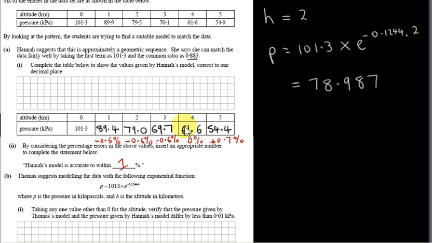Well, this is a geometric sequence. So for Hannah's model, to get the pressure when h is 2, we take 101.3 and multiply by 0.833 twice. But that's the same thing as multiplying by 0.833 squared.